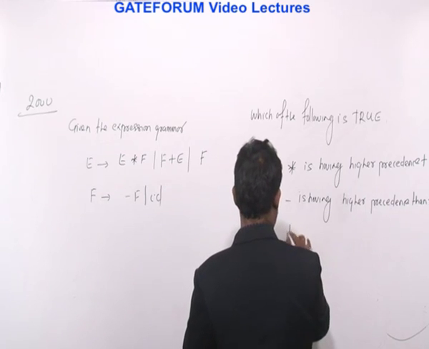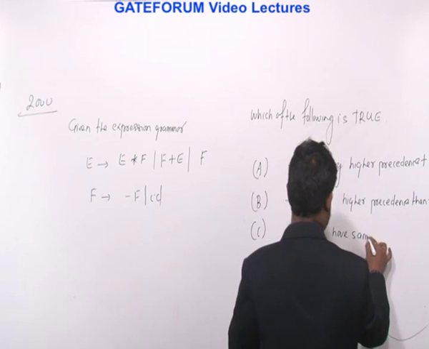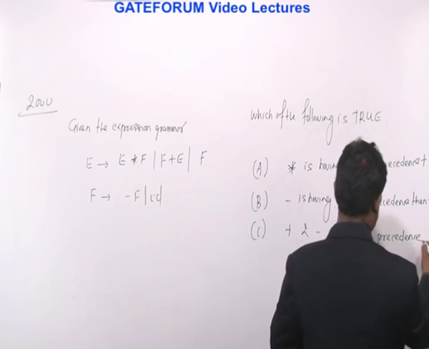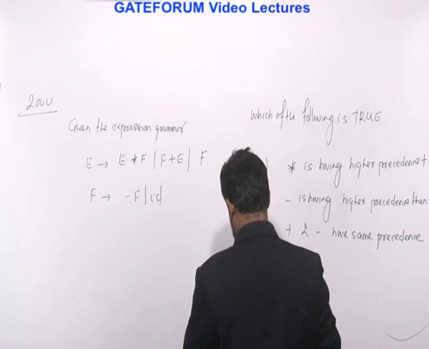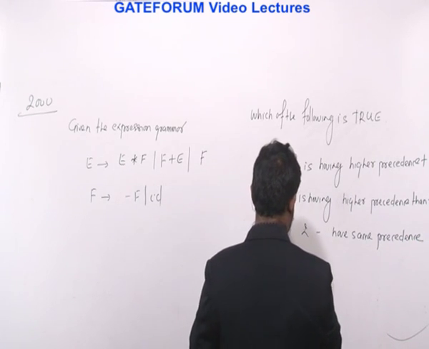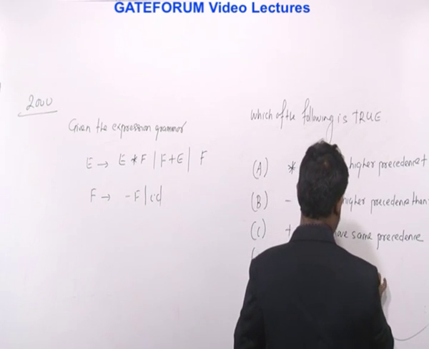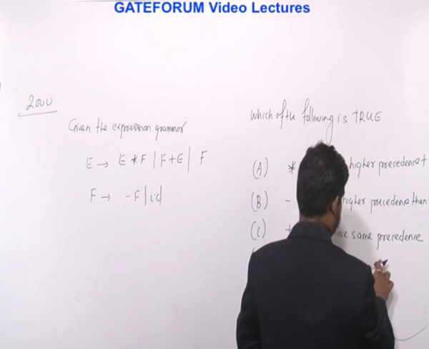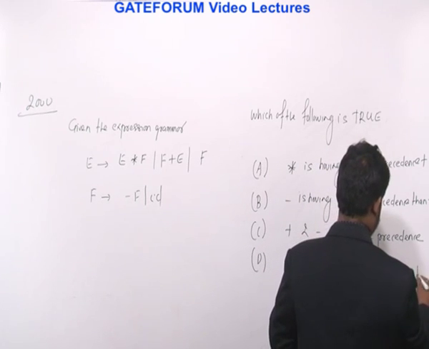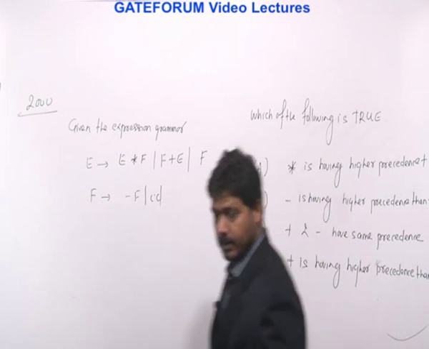Option C: plus and minus have the same precedence. Option D: plus is having higher precedence than star. Okay.